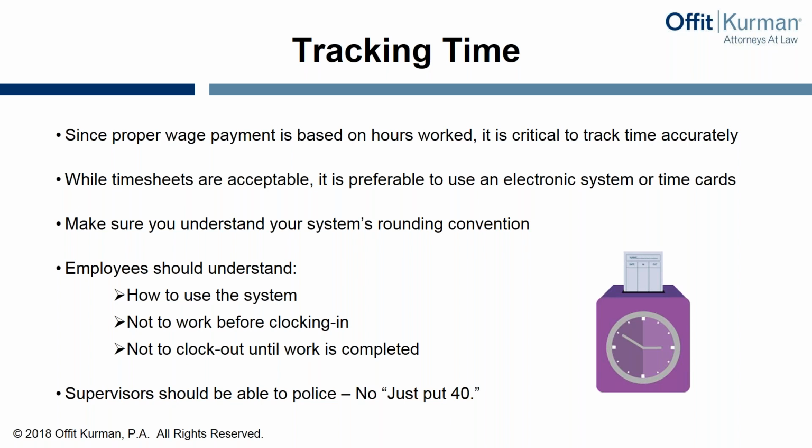Along those lines, it's really critical that if you do implement some sort of rounding, which, again, given the prevalence and the development of digital systems, you might be able to avoid that entirely. But if you do use a rounding system, it's critical that you understand how it works. Now, I've had cases where employers thought the rounding system was doing one thing, for example, rounding to the nearest quarter hour, but it wasn't.